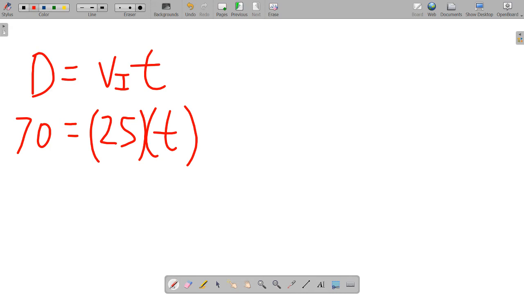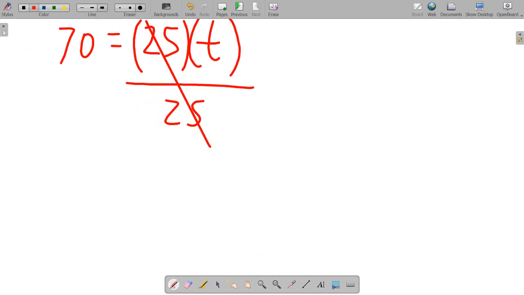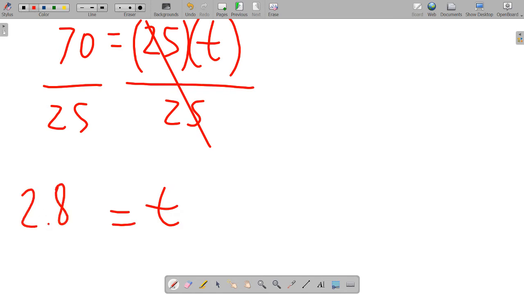So divide that by 25, that goes away. Whatever we do to one side, we have to do to the other. So 70 divided by 25. When you put that in your calculator, you get a time in free fall of 2.8 seconds. Okay.